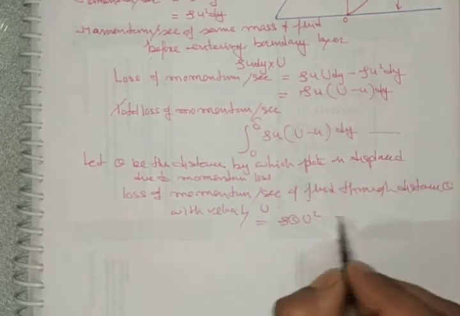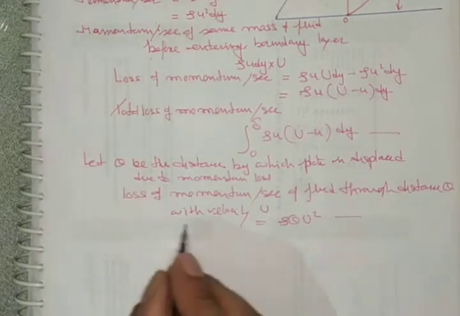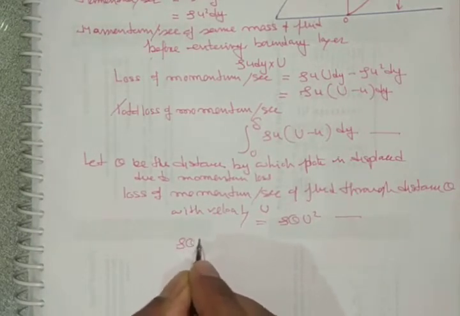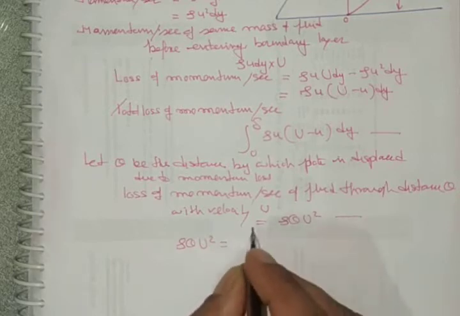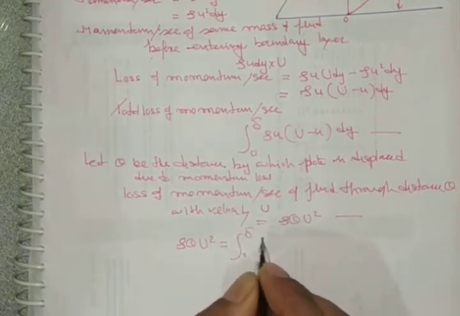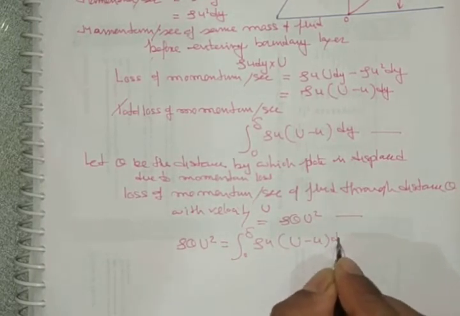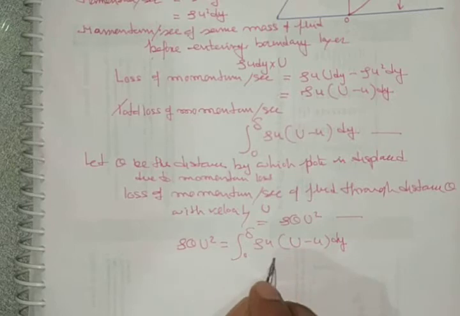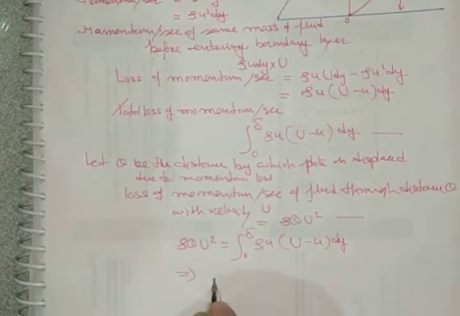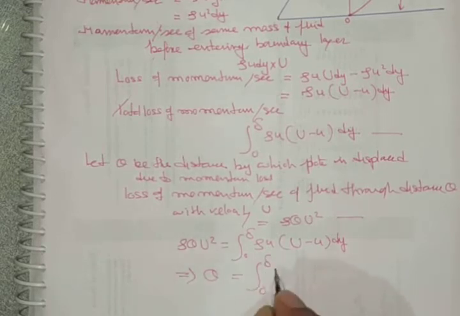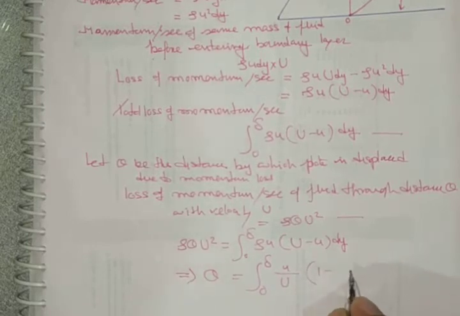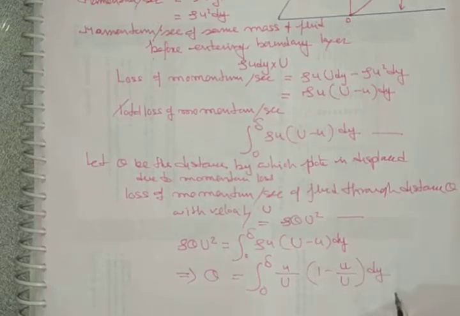So now these two will be equal. So rho theta capital U square equals rho u capital U minus small u del y, and from this you will get theta is equal to integration 0 to delta small u by capital U into 1 minus small u by capital U del y.